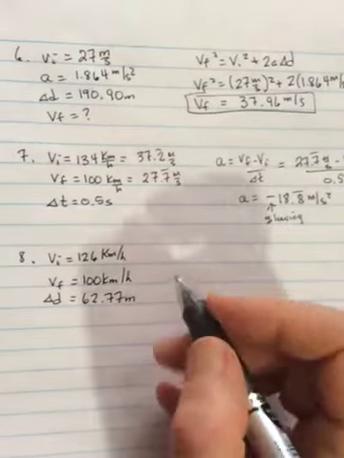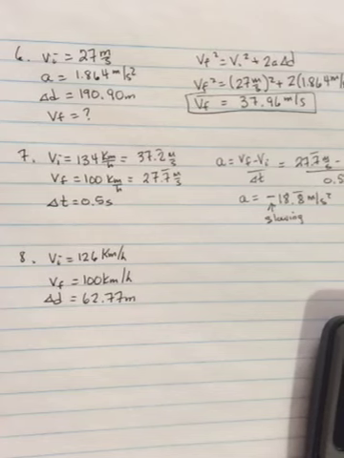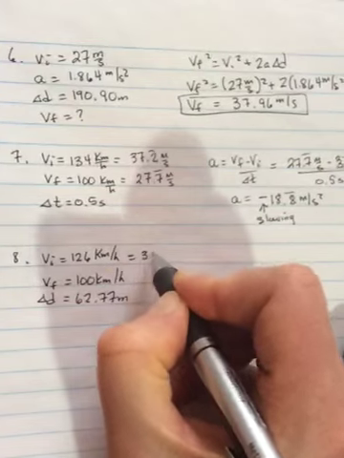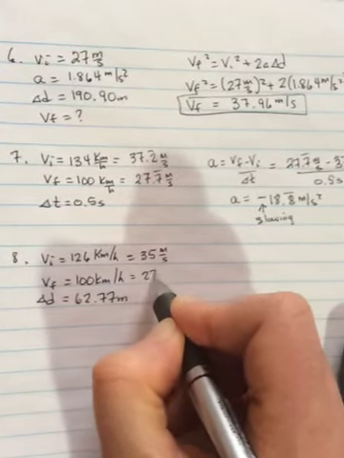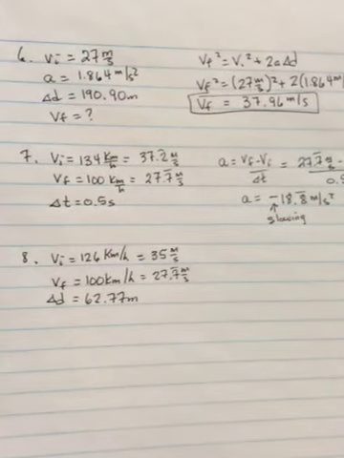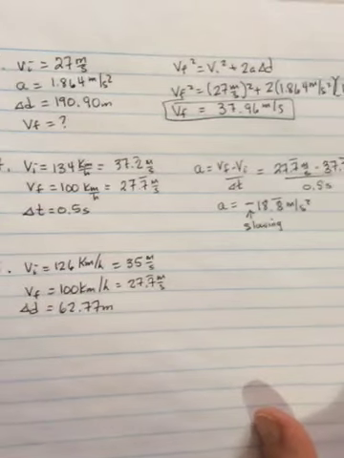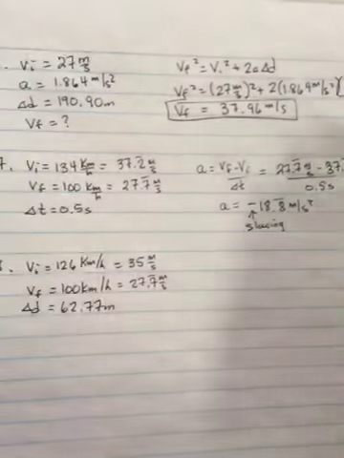Number 8, you're driving this time, and you're going 126 kilometers per hour. So again, switch that to meters per second by dividing by 3.6, so 35 meters per second. This one we already found above, 27.7 repeating. And the question wants you to find how much time it took. So you have a VF, a VI, and a delta D, and you're looking for time.